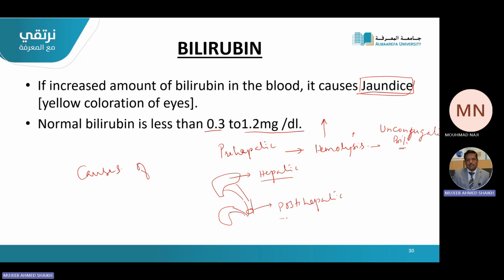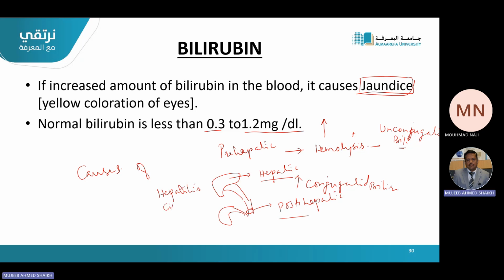In hepatic and post-hepatic jaundice, usually conjugated bilirubin is more common. Increased conjugated bilirubin will be seen in this type of jaundice, hepatic and post-hepatic. In hepatic, what are the causes? It can be inflammation or infection because of viral or bacterial hepatitis.